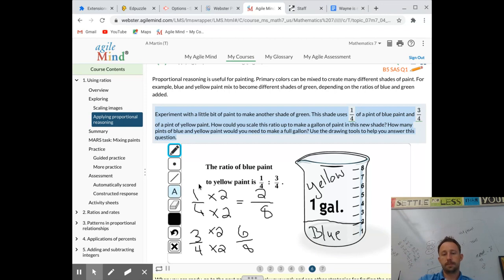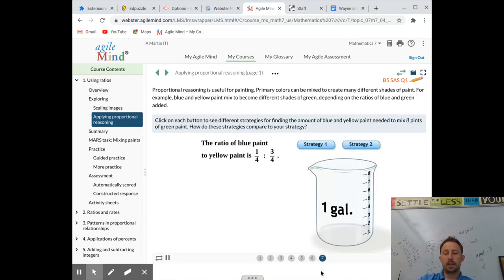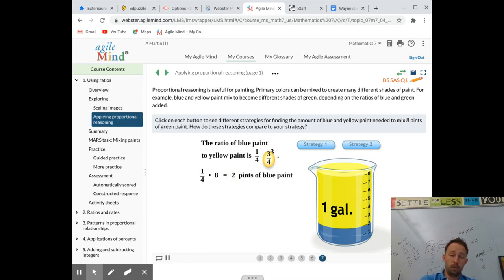Great. All right. So let's take a look at 7. It's going to show 2 ways to do this. So let's look at strategy 1. Strategy 1 has basically taken each pint and split it into 4 parts. They had 1 part blue and 3 parts yellow, and they went all the way up and counted them.